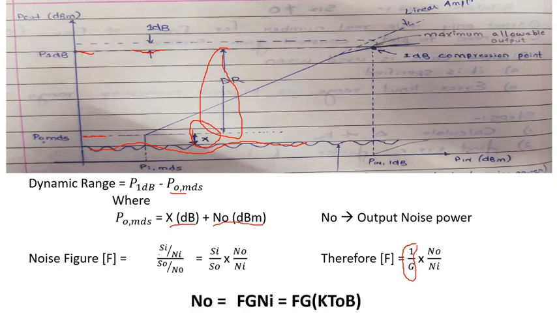Now from this equation, you will try to find this NO. So NO will become F into G into NI, where NI is the input noise, which is nothing but the thermal noise given by K T0 B, where K is the Boltzmann constant, T0 is the ambient temperature and B is the bandwidth.